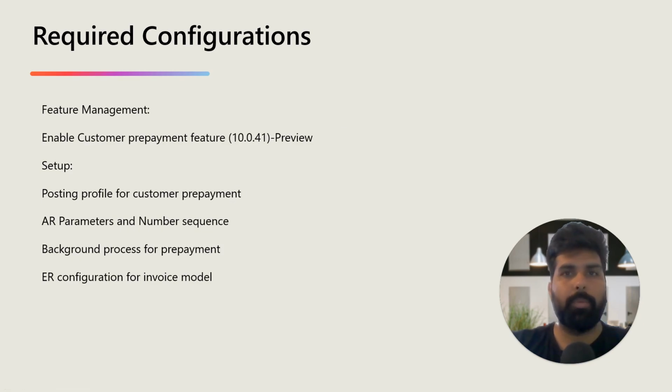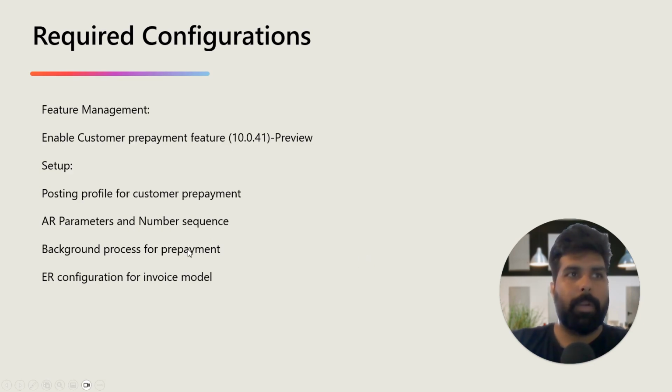One is on the posting profile: how do we set up the customer prepayment posting profile where the advances are going to be tracked. Then we have the AR parameters where we need to set up certain options, and then also the number sequences. There are some additional number sequences which we need to create.